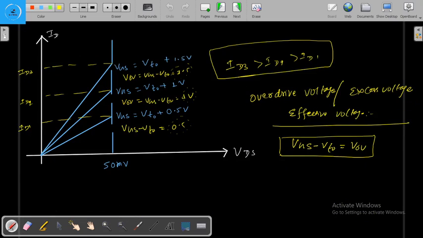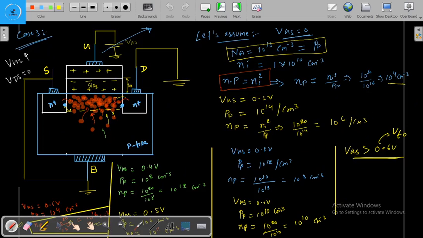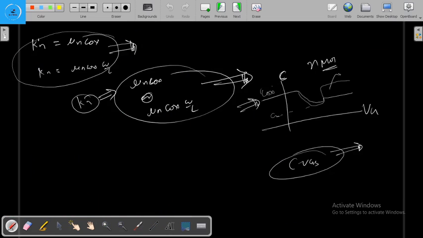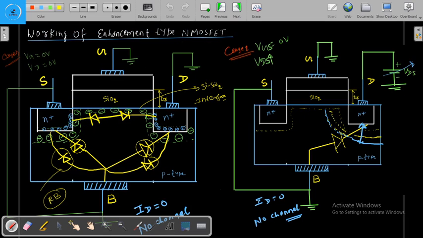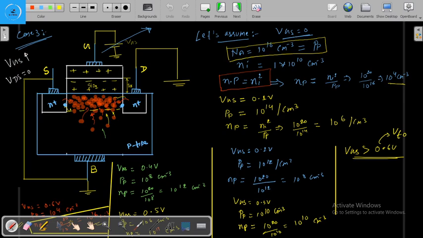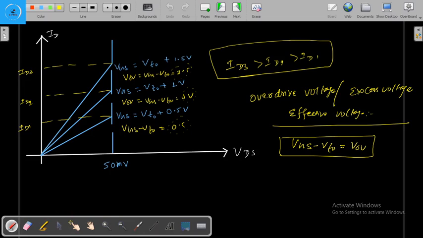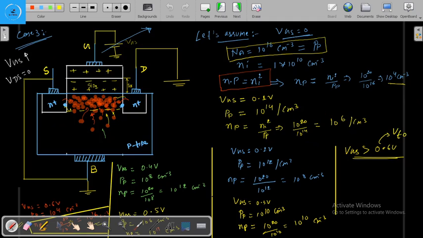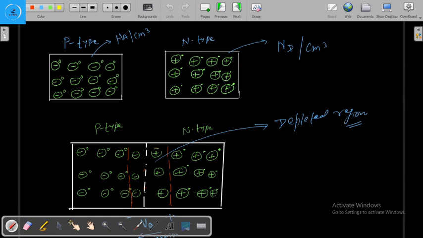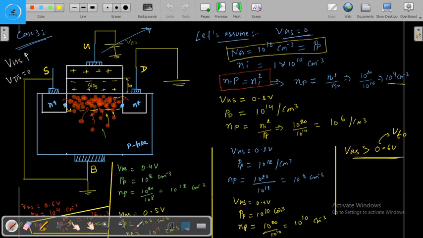So here we have seen all the 5 cases related to the working of the enhancement type MOSFET. If you are not finding it easy, then please go through this video once again, because the way I have explained it, it has now become very easy to understand.